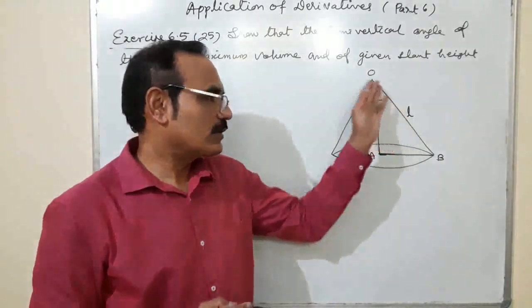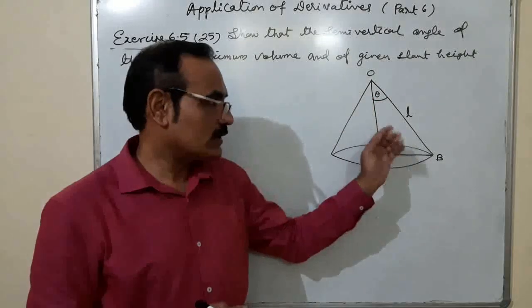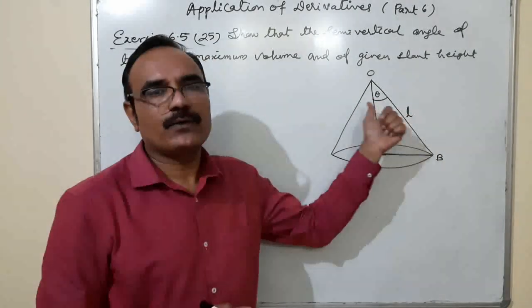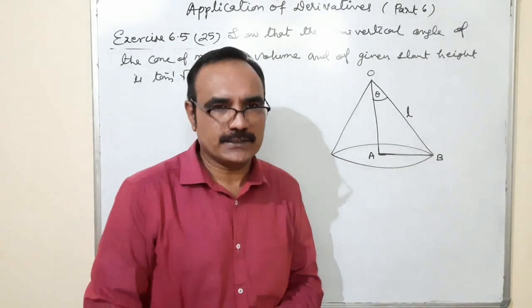And the condition given is the semi-vertical angle of the cone of maximum volume. So we'll have to differentiate the volume of the cone in terms of theta and L. That means the h and r have to be converted into the form of slant height and theta.